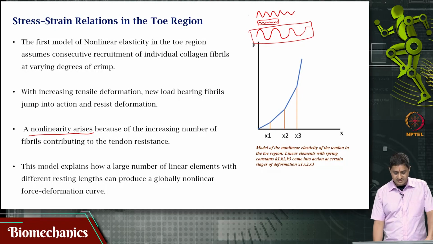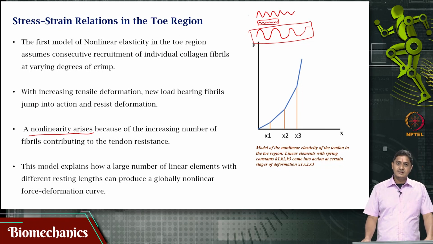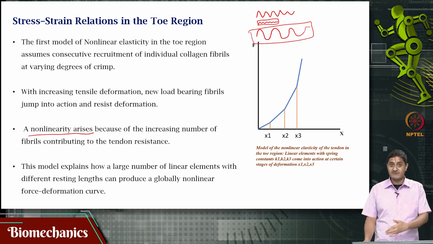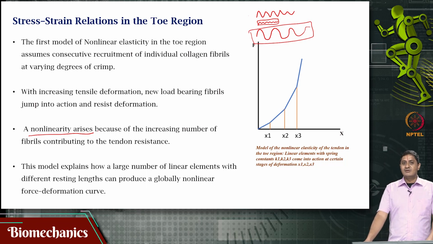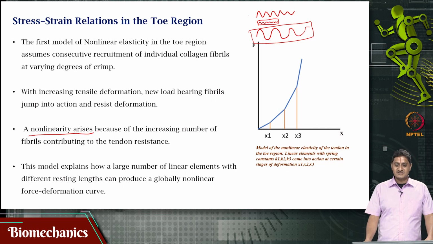So, what we see is the source of this nonlinearity may be because of the differing resting lengths or the differing crimp properties of different fibrils or different collagen molecules, right. As the number of fibrils that are getting recruited changes, or as fibrils at different resting lengths are getting recruited, each of them may have linear elasticity or linear properties between stress and strain.